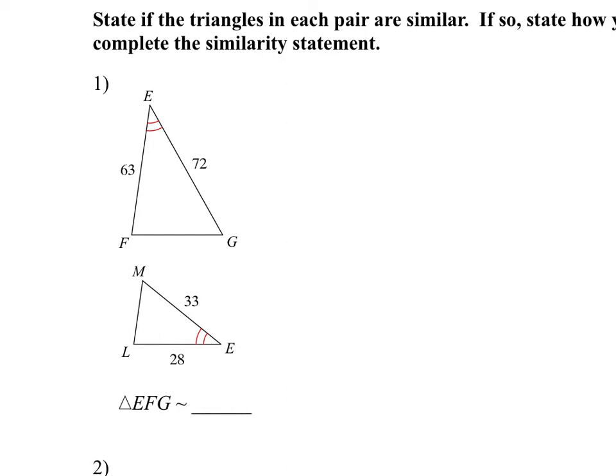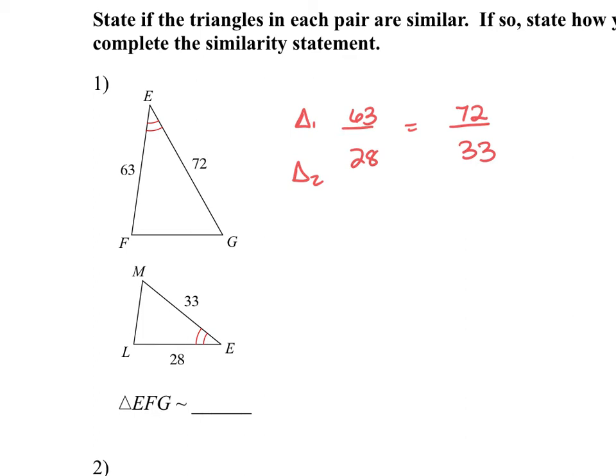If you have triangle number 1 on top and triangle number 2 on the bottom, you put the numbers from smallest to largest, and you put the bottom numbers from smallest to largest. Because the small guy has to be with the small guy and the large guy has to be with the large guy. You understand that?